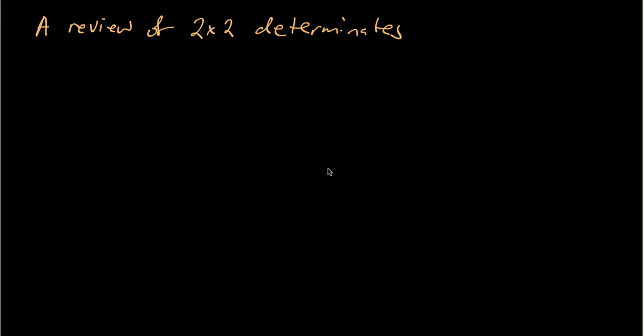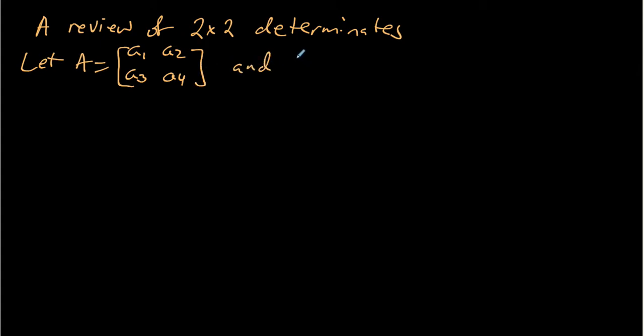In this video, we're going to do a review of 2 by 2 determinants. So we are going to let A be the 2 by 2 matrix A1, A2, A3, A4, and we're going to let B be the 2 by 2 matrix B1, B2, B3, B4.